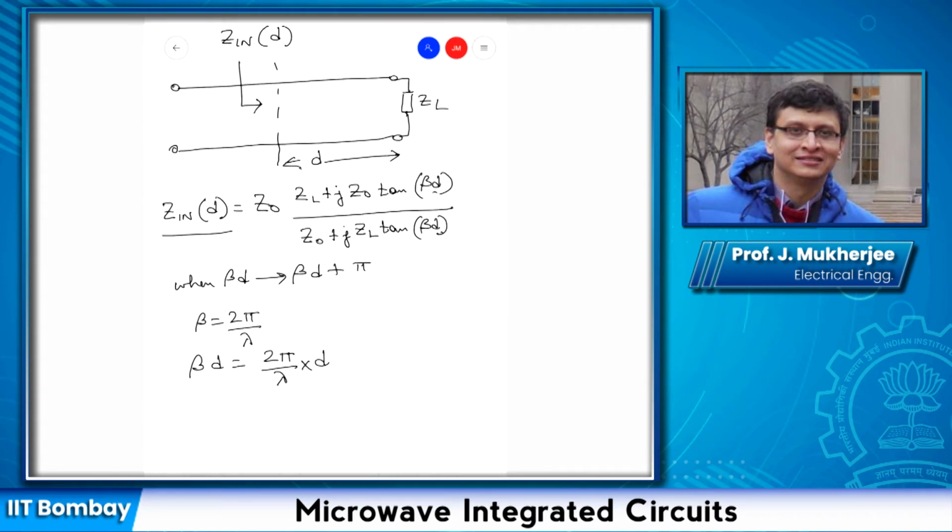So beta d plus pi is equal to 2 pi upon lambda d plus pi, which is equal to pi times (2d upon lambda plus 1).